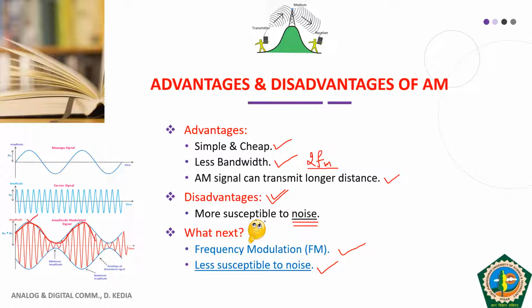Whenever noise enters the signal, the noise also affects the amplitude. Because of noise, the amplitude of the carrier becomes like this. So wherever our information was present, at the same place noise has entered.